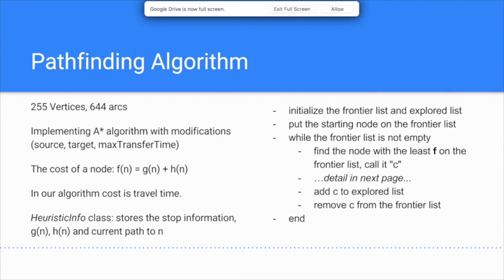So the algorithm is: first we initialize the frontier and explored list, and then we put the starting node on the frontier. We loop until the frontier is empty.